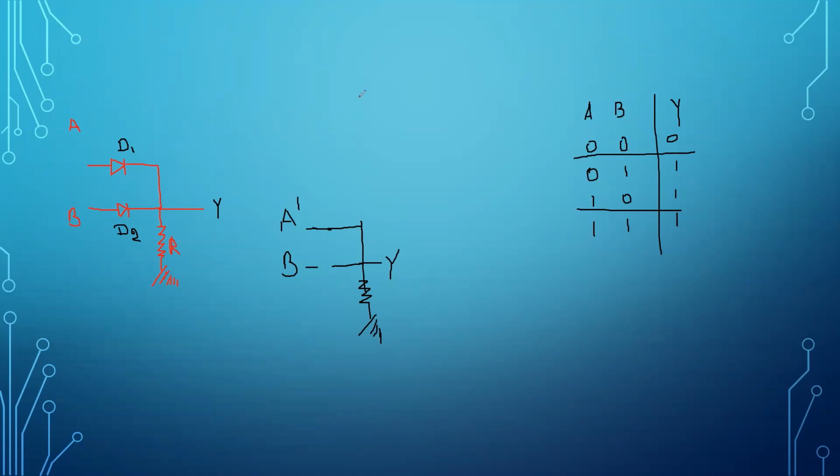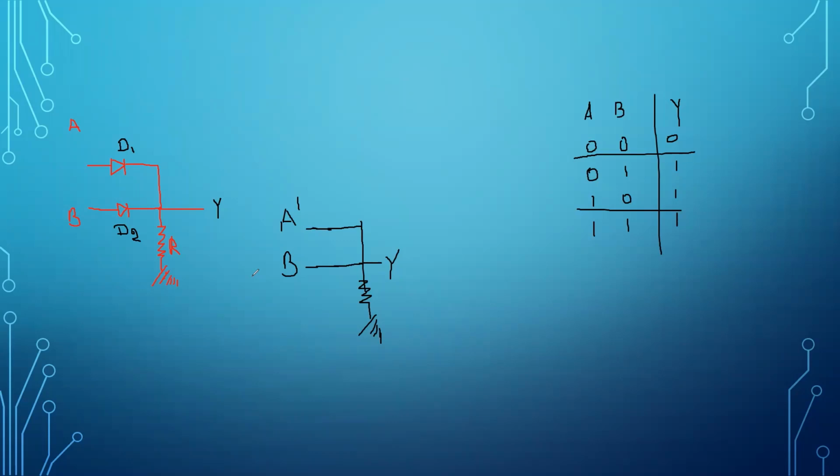Then for case 4, both diodes are in the on condition because both the A and B values are equal to 1. So we provide a higher value to both the A and B inputs, having higher voltage than the cathode.